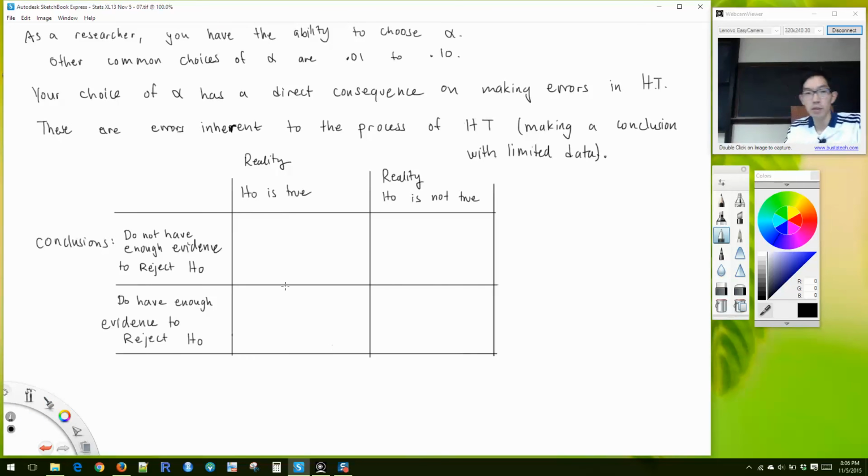And so if the null hypothesis is true, and our conclusion is that we don't have enough evidence to reject the null hypothesis, this is actually what we want to do. This is the correct decision. And if the reality is that the null hypothesis is not true, the correct decision is to reject the null. So this is also the correct decision.